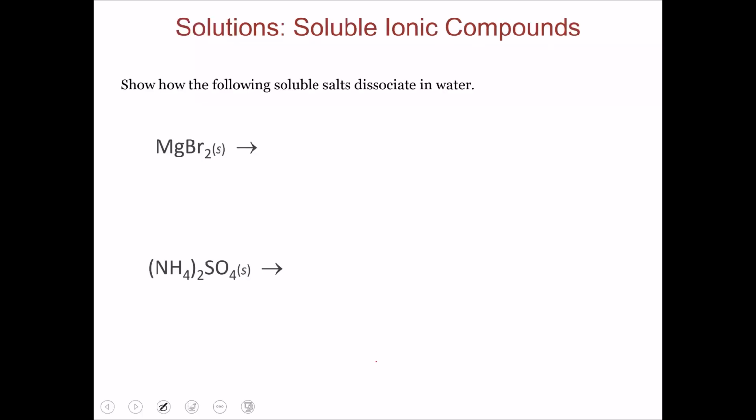And that is the case for any soluble ionic compound, that it will dissociate the positive ions from the negative ions. And as we said, we indicate this with the ionic equation that separates the positive ions away from the negative ions.